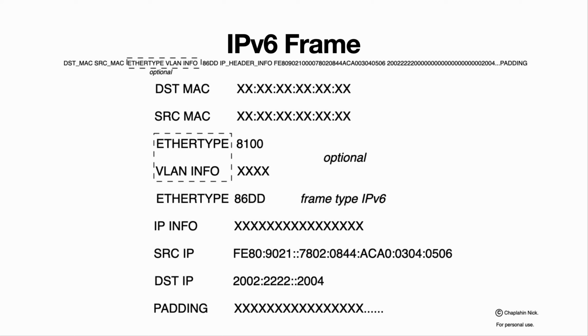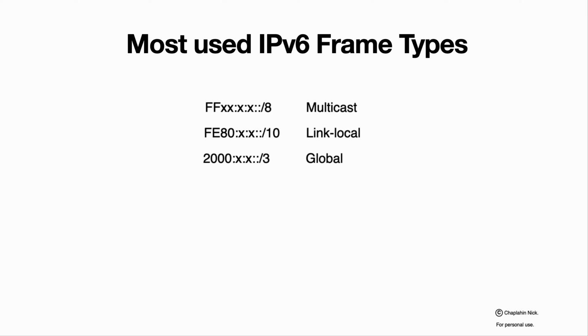The biggest difference is the types of IPv6 addresses. They differ definitely from IPv4 address types.